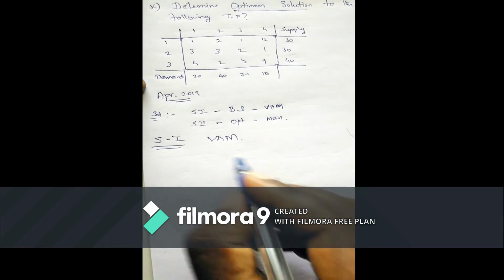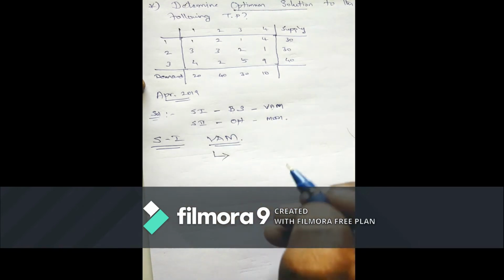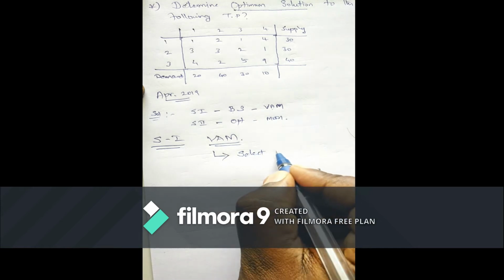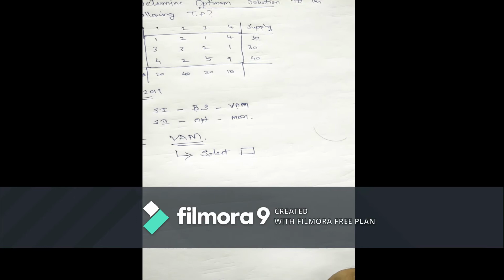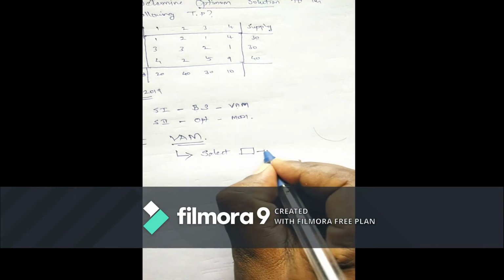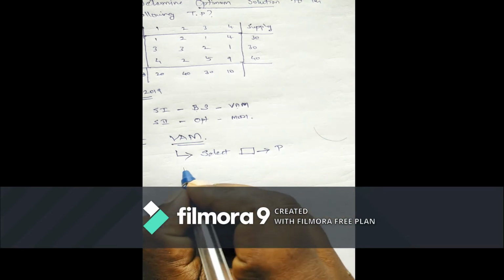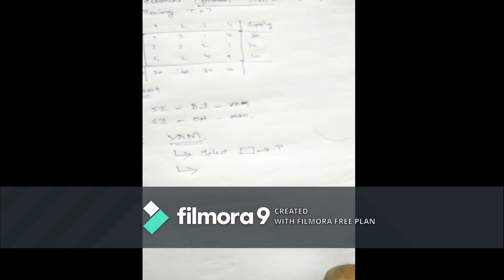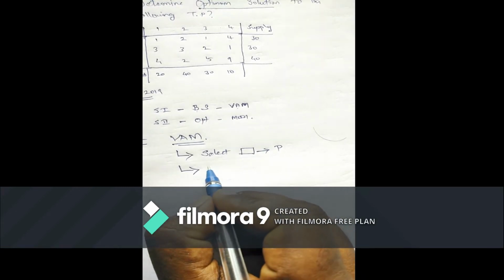For doing this VAM, step number 1: select a particular cell by using penalty. After you select the cell, find the selected cost value.